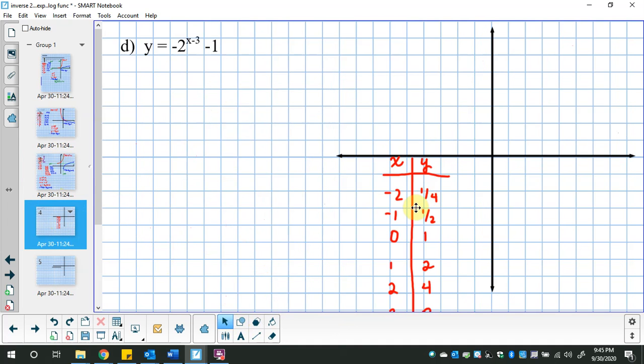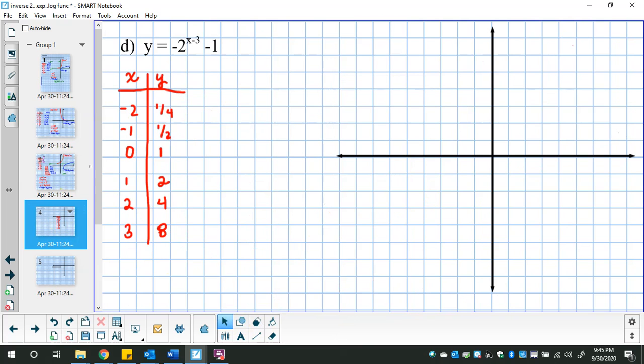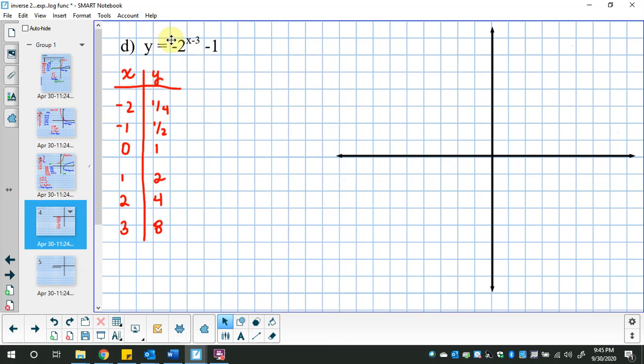Now I'm going to lead you through this one a little bit different because there's no stretch or compression. Instead, there's a flip. So bear with me, I'm going to do this in green so you don't think it's anything original.